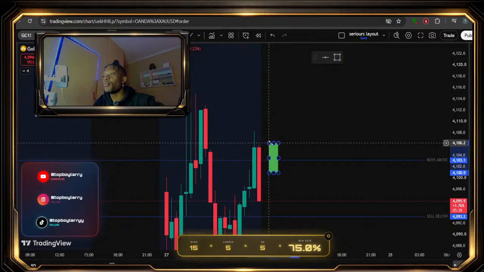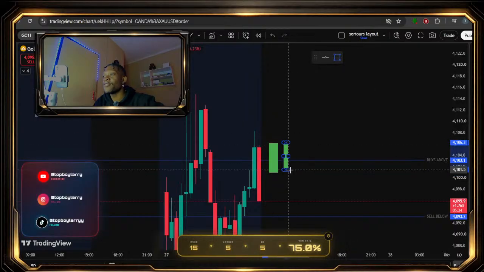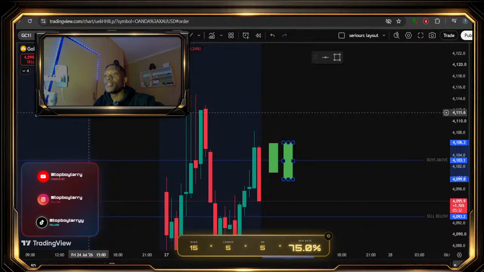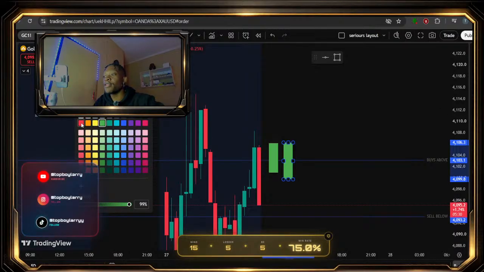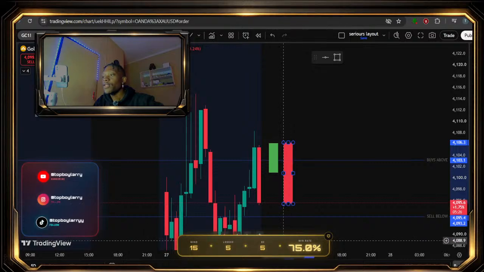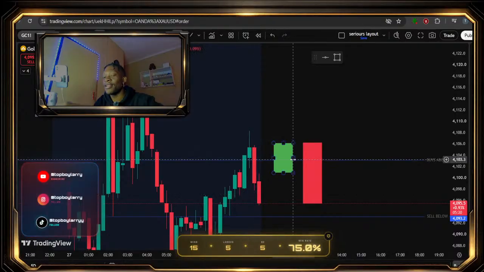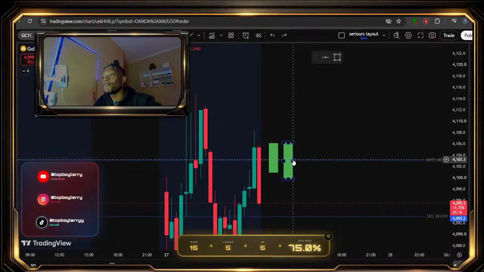So we already got a breakout, and right now price is giving us a fade here. So potential fake out, looking for price to basically give us a sell move here. But the problem is right now, you guys see for yourselves, price is just moving here without us. Let's see what it looks like on the 15.